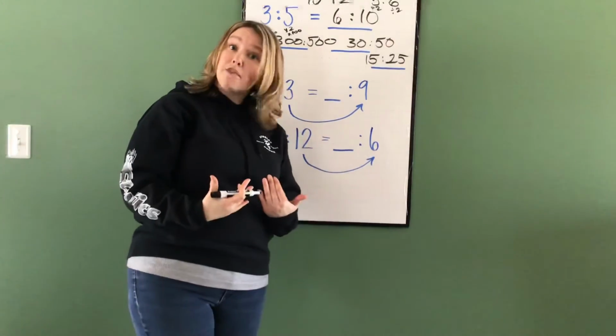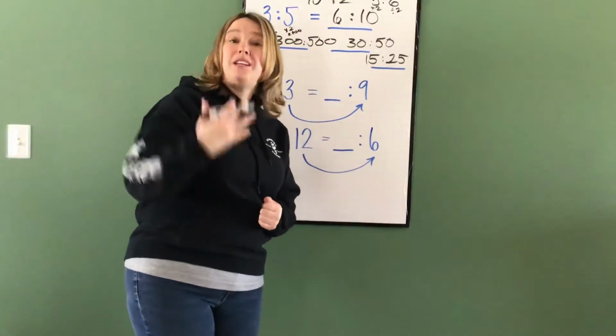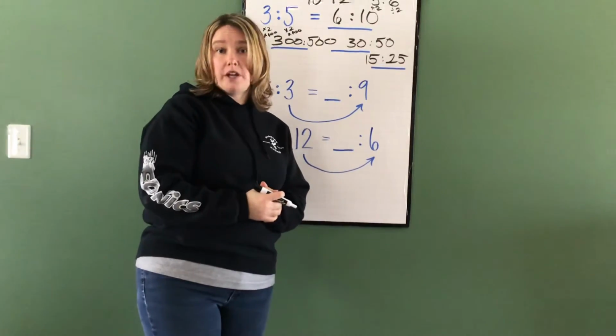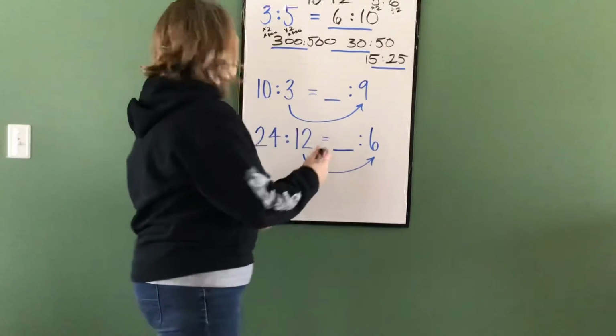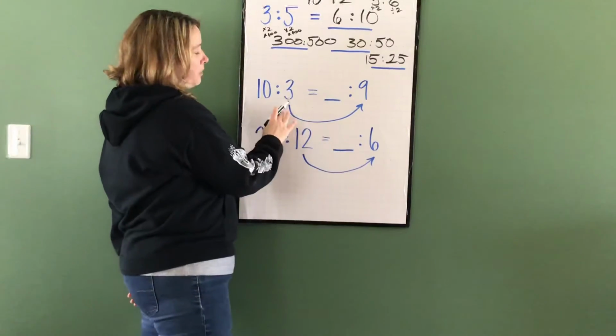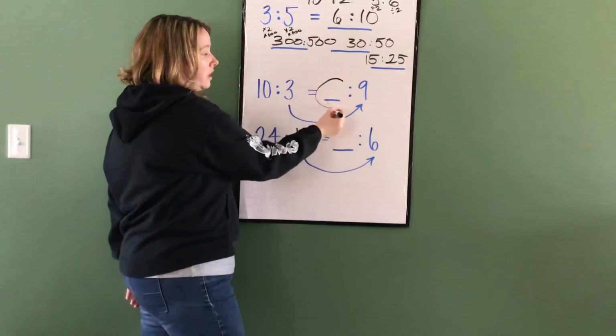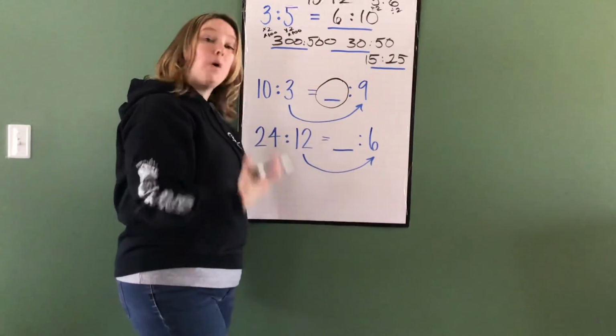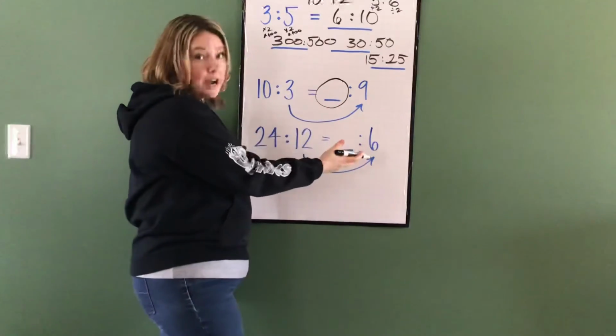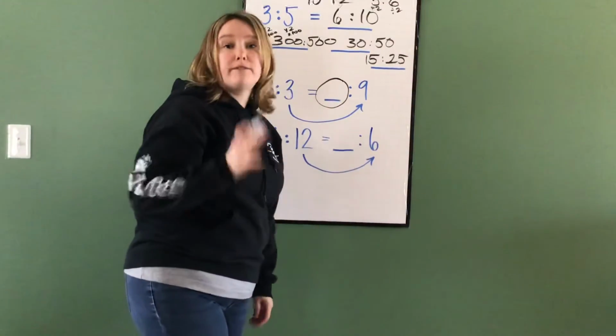The second type of ratio question is when we are going to be given one of the terms and we have to create an equivalent ratio based on that. So here, where it has 10 to 3, I'm giving you the term of 9 and I want to know what goes over here. Well, first you have to figure out what did I do to the 3 to make it a 9, just like equivalent fractions.